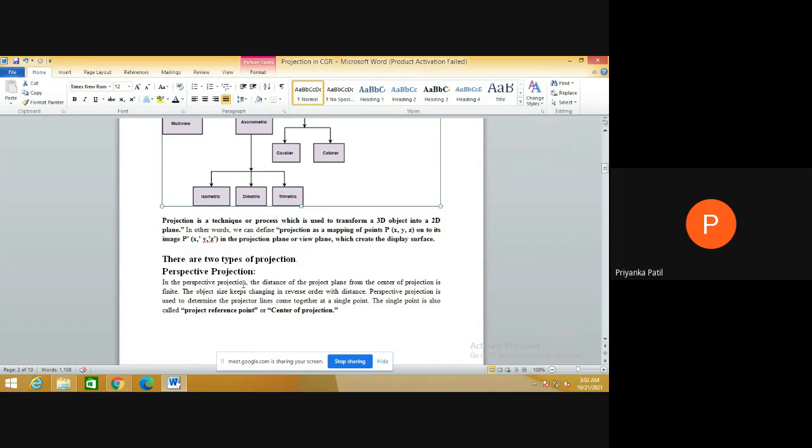The object positions are transferred to the view plane along the converging projection lines, and the projected view of an object is determined by calculating the intersection of the converging projection lines with the view plane.